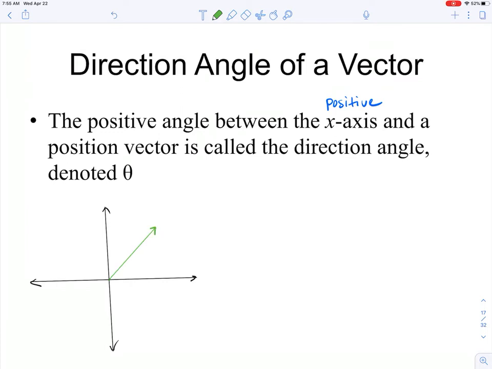So if we had a vector in standard position that, let's say, terminated in quadrant 1, let's call this vector u. This would be the magnitude of u, the length of the vector, and this angle, which I'll call theta, would be the direction angle.